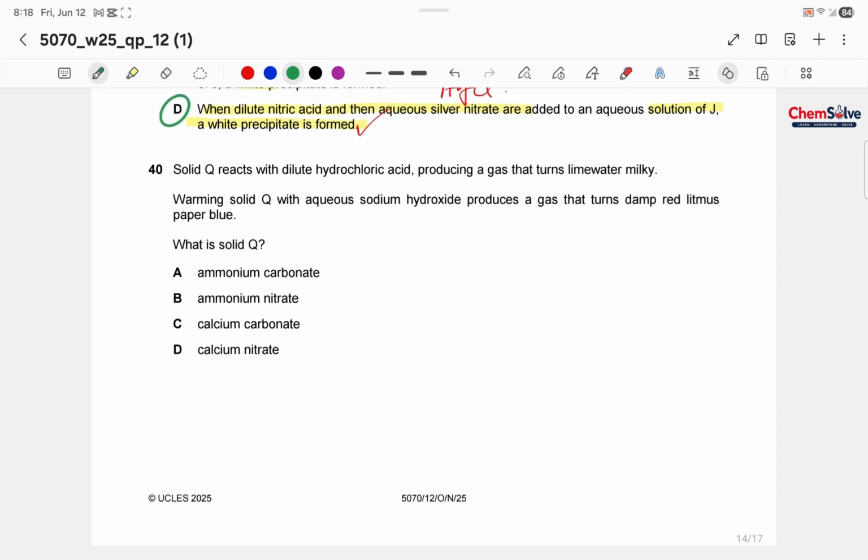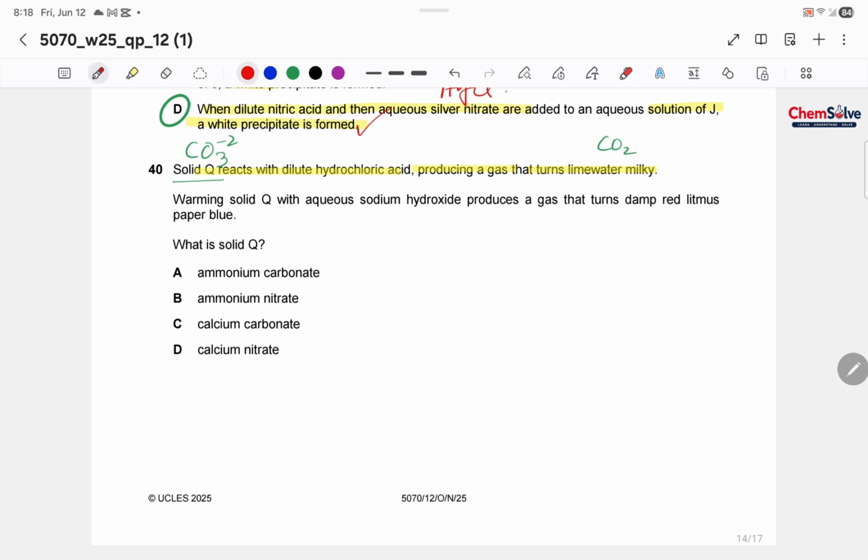Coming towards the last question of the paper. Solid Q reacts with dilute hydrochloric acid, producing a gas that turns lime water milky. If a gas is turning lime water milky, then this gas must be carbon dioxide. And if this is so, then solid Q must contain a carbonate, because only a carbonate, when reacting with hydrochloric acid or any acid, produces carbon dioxide gas.